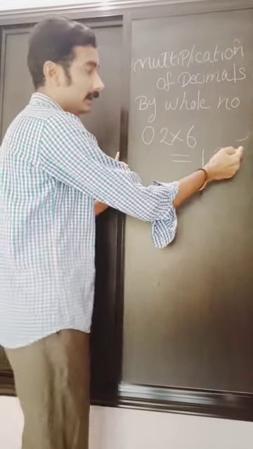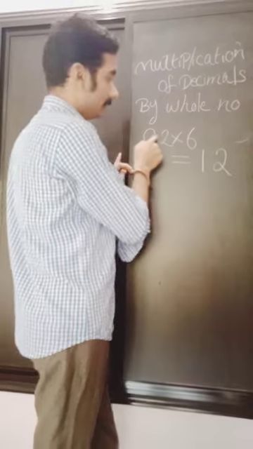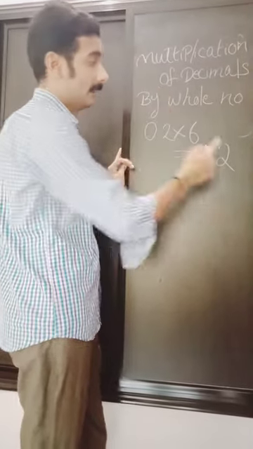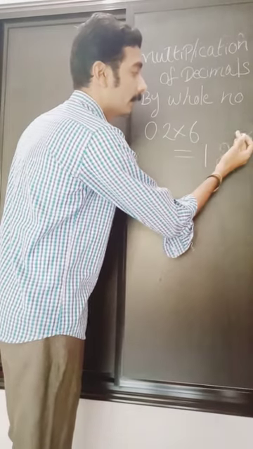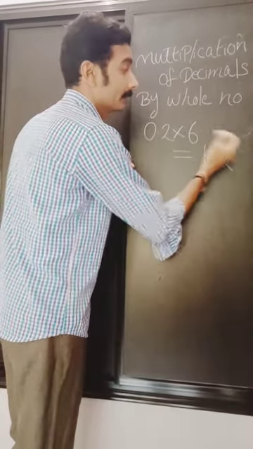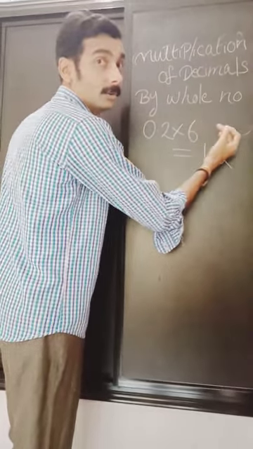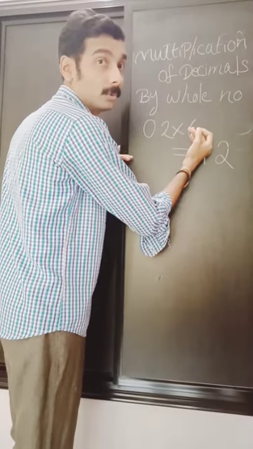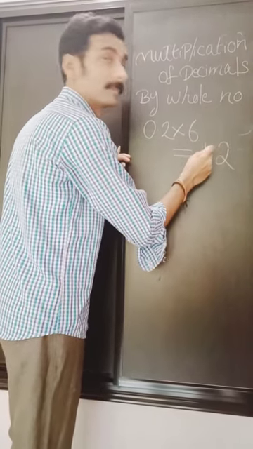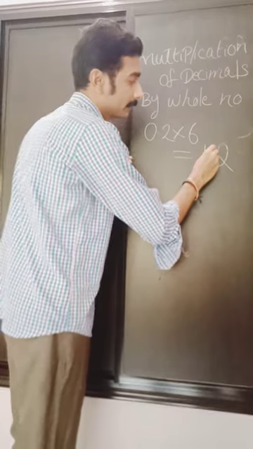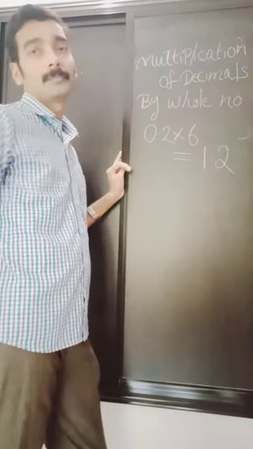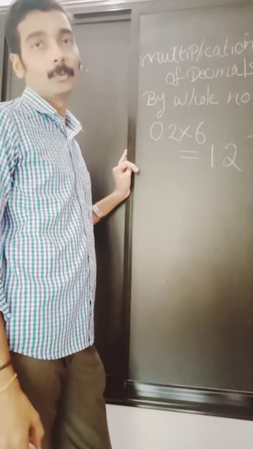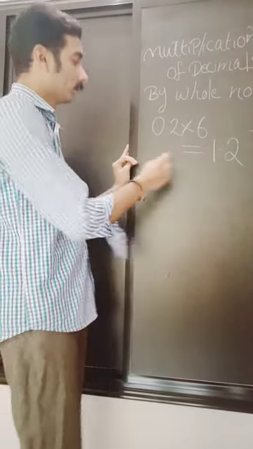Then we put the decimal. In this answer, we put 1 place of decimal from right to left. That means 1.2.